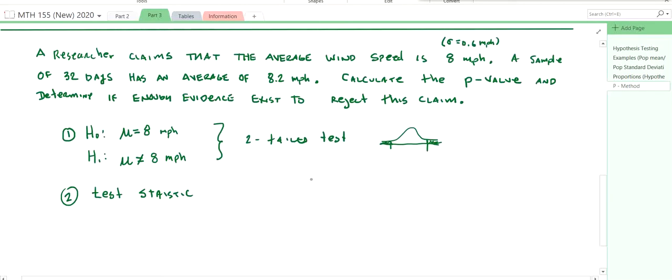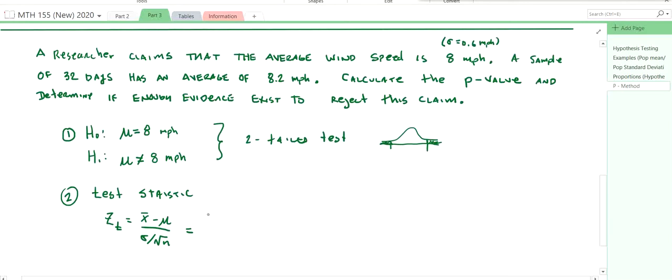Okay, so we need to figure out our test statistic here. If you're using a z-test here, you're correct. And see if you can do the formula. X bar minus mu over sigma divided by square root of n is our formula.